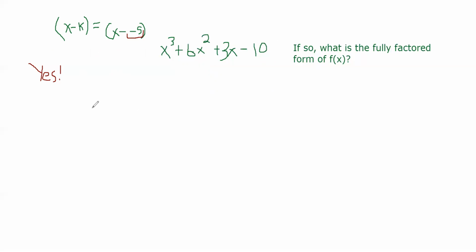In order to factor something, we need to take the function itself and divide by a factor. And in doing so, we can reduce it down to something that's easier to deal with.